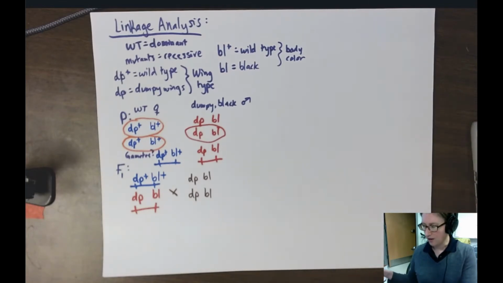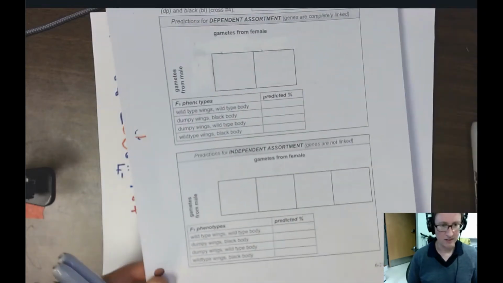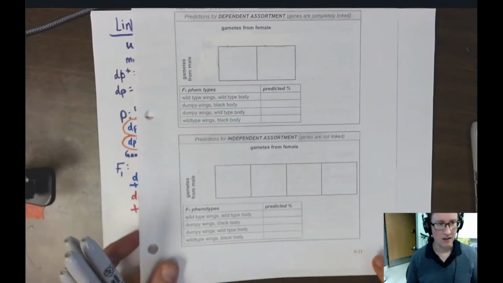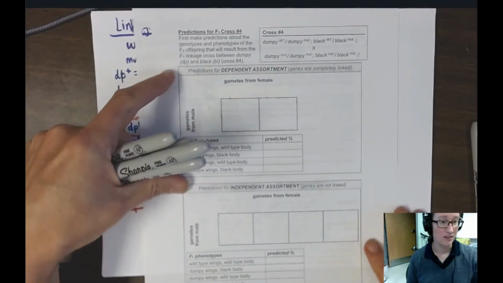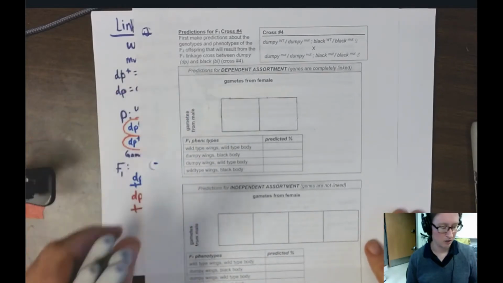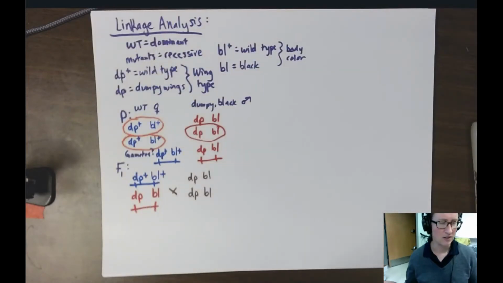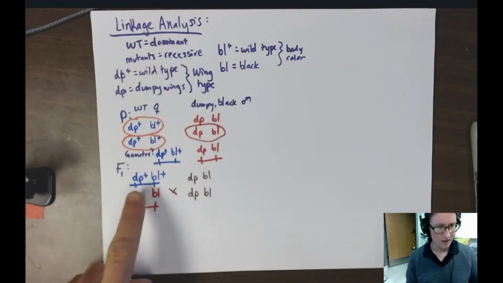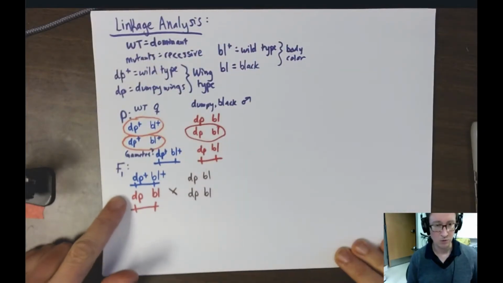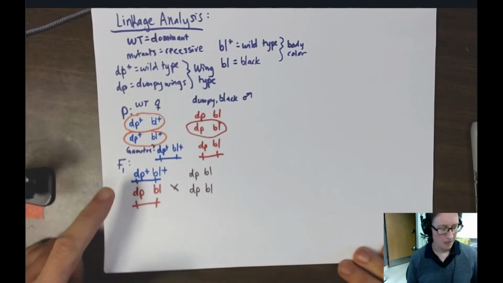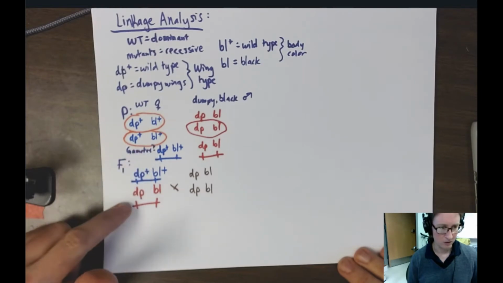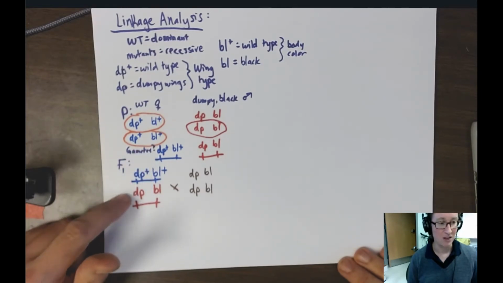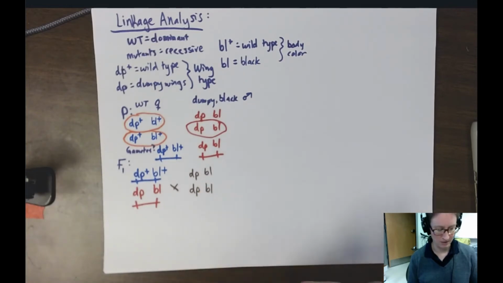So if you look on page 6-21 up top, we're first going to look at predictions for dependent assortment. So these genes are completely linked. If these genes are completely linked, when this individual goes through meiosis, she's got one chromosome from her mother, one chromosome from her father, so she's only going to be able to make two types of gametes.